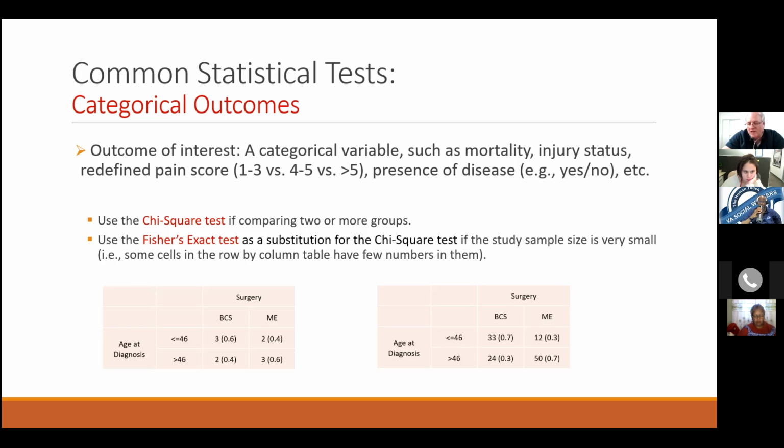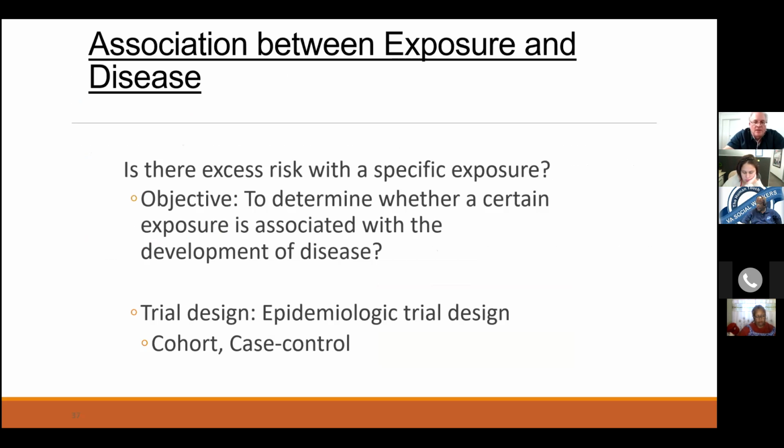Whereas the picture on the right, you have a lot more people, 33, 24, 12, and 50. That's a bigger study. The chi-square test could be used there because you have more decent numbers in your study. And the percentages in parentheses are just the percents within the category.